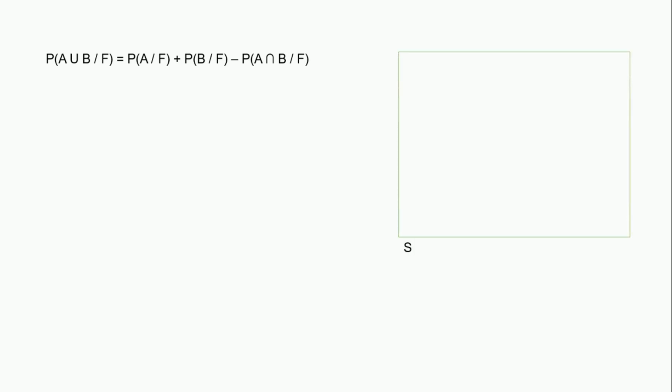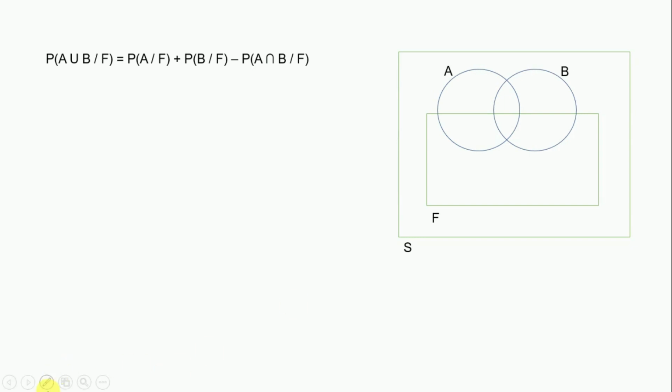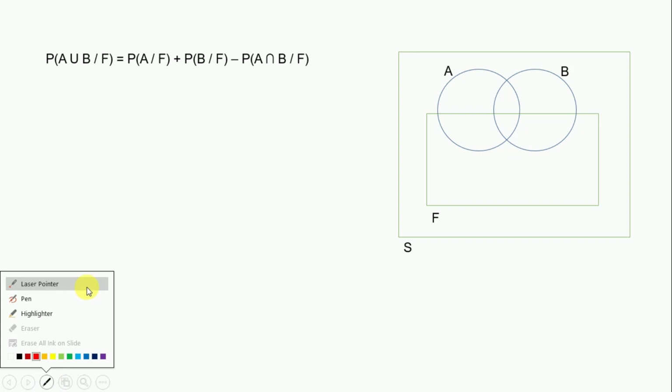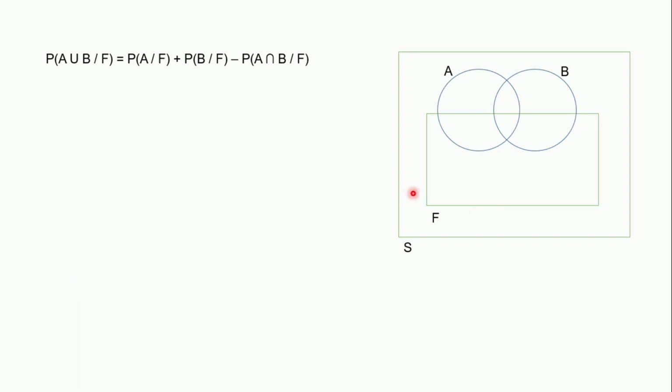There is sample space S, and inside this there is an event F, and there is event A and event B. Now they are saying probability of A union B, given that F has already happened. For this we can understand it like this: the entire part is F, and they are saying what is the probability of this entire part, that is A union B, given that F already happened.